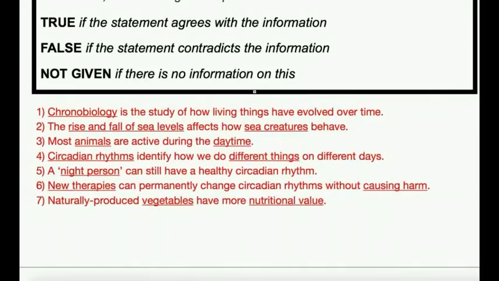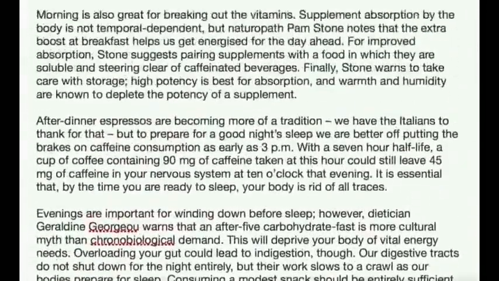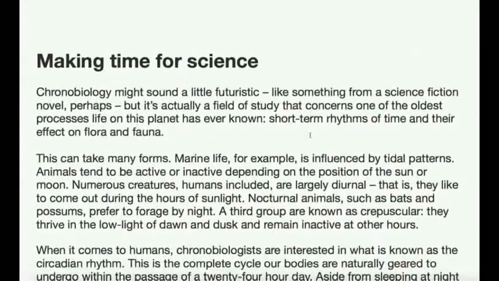Now the reading is about chronobiology, so you can probably assume this is near the beginning, because if it's a definition, they're going to want to do that at the start of the text, because you need to know what chronobiology means in order to understand the text. So we'll highlight these first of all, and then we'll go to the beginning of the text to see if we can find out where this first one is.